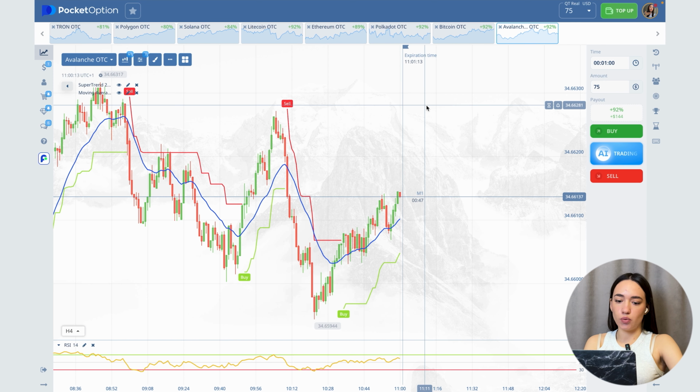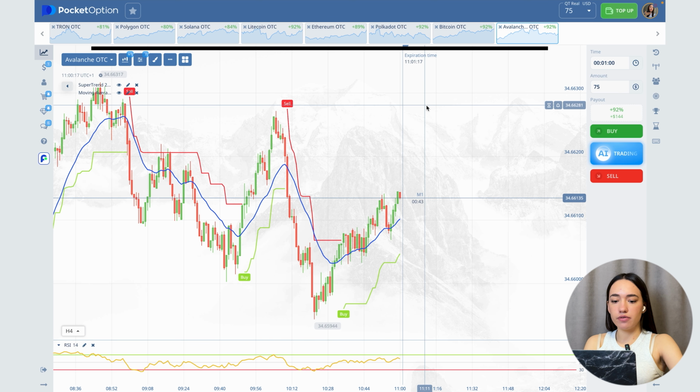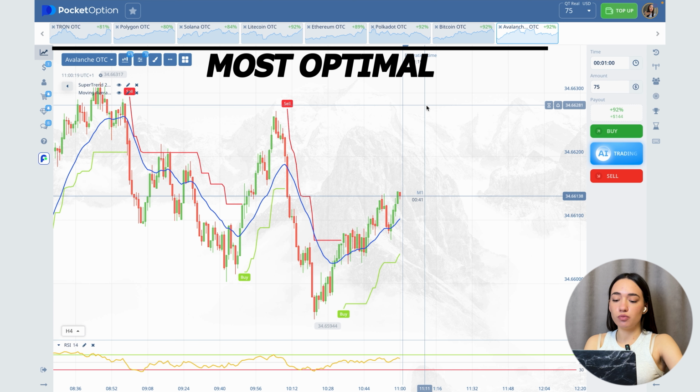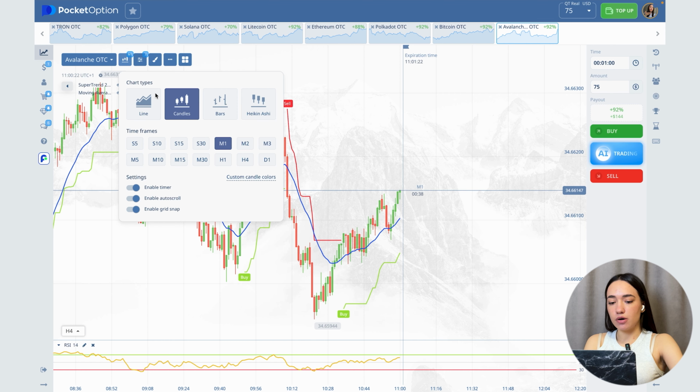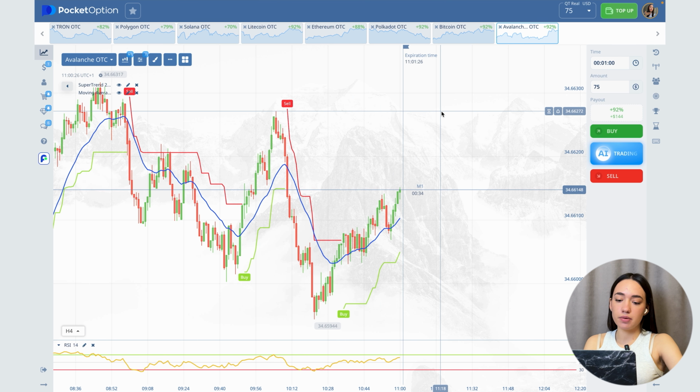Just a reminder, we're trading in the cryptocurrency market, and all the assets here have the most optimal and stable price movement, with the highest payout percentages. We'll be entering trades with 1 minute expiration time and analyzing charts on the 1 minute time frame. I'm aiming for a solid balance boost today.